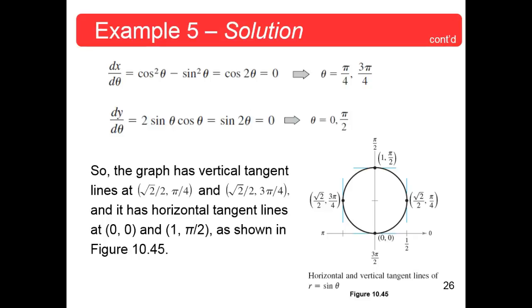Now, I think what you were suggesting before, when we had r is equal to sine theta, if we were to square that, you'd have sine squared theta. And I'm not sure that's going to be helpful.